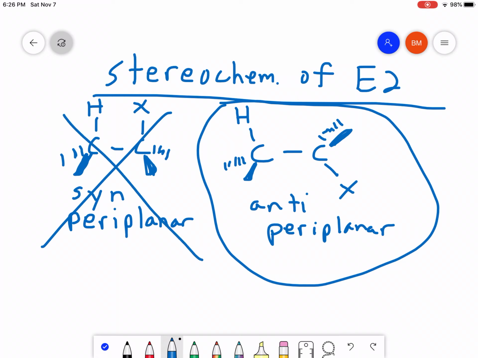Reason being, you typically have strong bases that have strong negative charges. When the base has to come in from the same side as your leaving group, you have a partial negative and a very strong negative getting close to each other, and you get repulsion. So that's why you have to have anti-periplanar. All right? Makes sense?